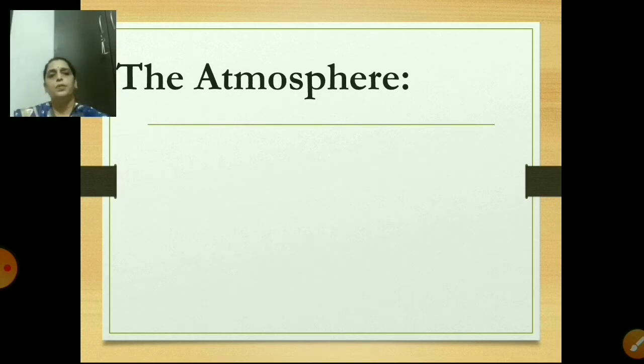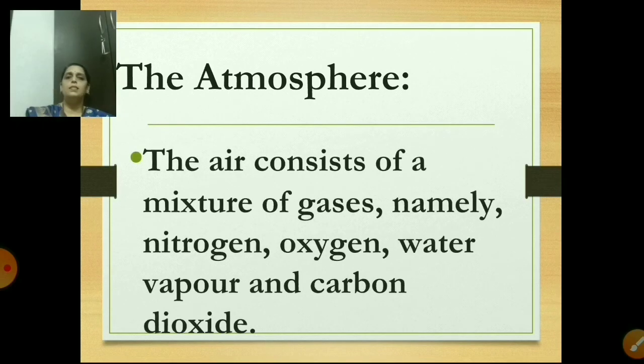Now the next point. The air consists of a mixture of gases, namely nitrogen, oxygen, water vapor and carbon dioxide. Students, this means nitrogen, oxygen, water vapor and carbon dioxide are a mixture of gases in the air. Is it clear?